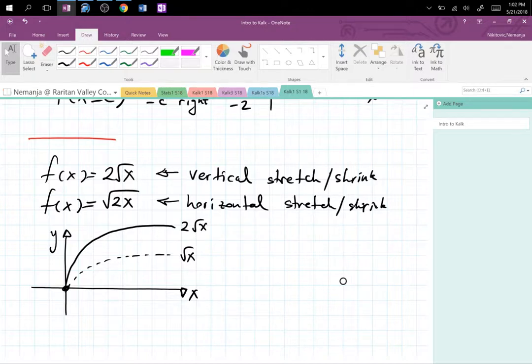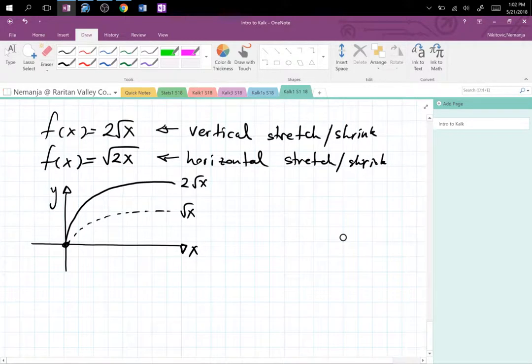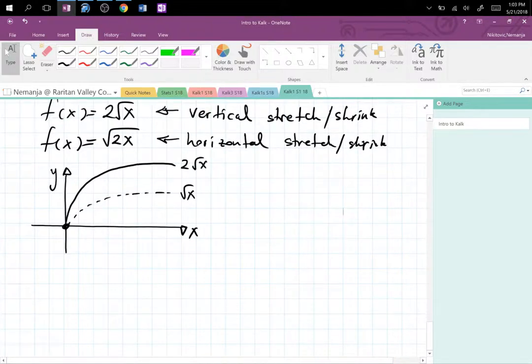So vertical, right, it stretches it up or down. And the best way to understand the vertical is waves. I don't know if you ever observed waves. I know you have, and the people, they're my Florida people. The best way to understand vertical and horizontal stretches and shrinks is through trig functions.